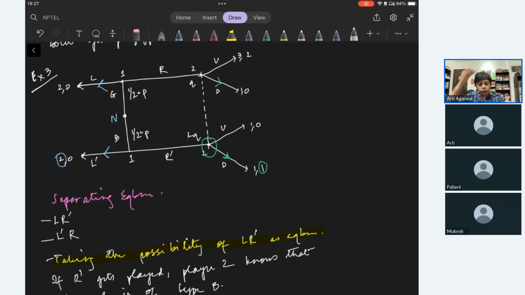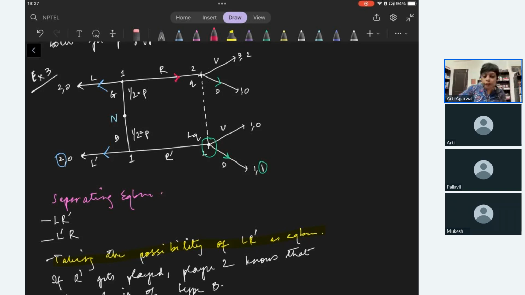Okay. Now L prime comma R means what? That if R is played, then player 2 knows with certainty that the type of player 1 is G, right? Only if the type is G, R is getting played. Otherwise, it's not getting played. You're understanding?